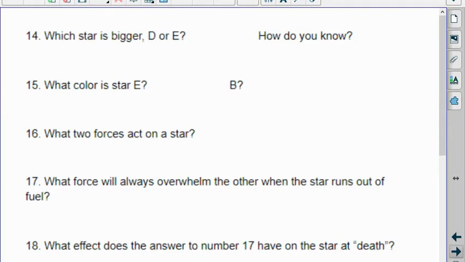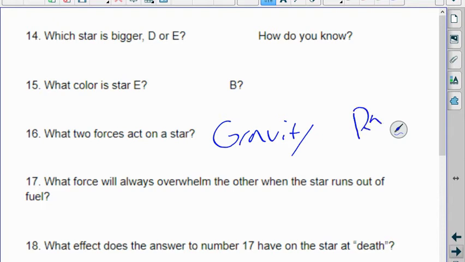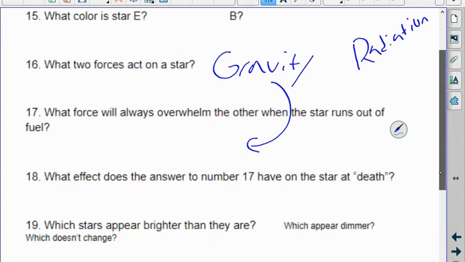The two forces acting on a star are gravity, which always wins in the end, and then radiation, the outward force that's trying to push the star apart. And so gravity will always win in the end. What effect does the answer to number 17 have on the star?